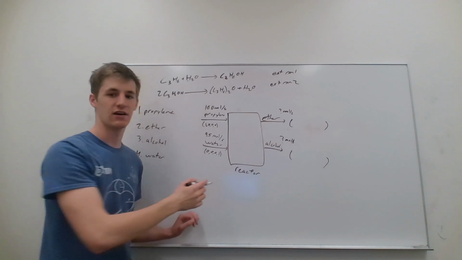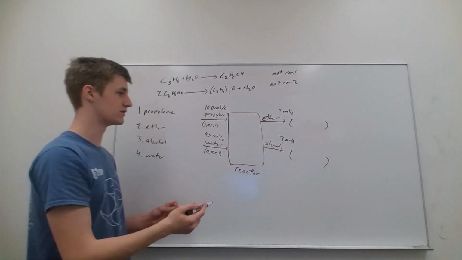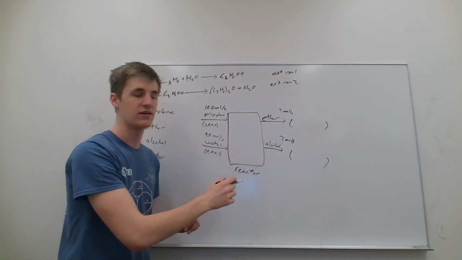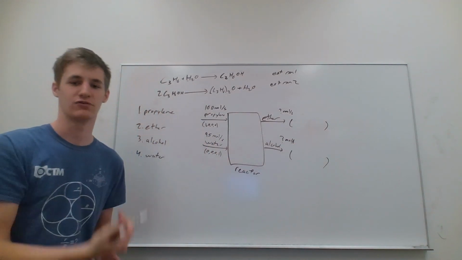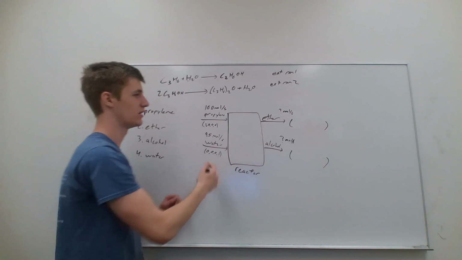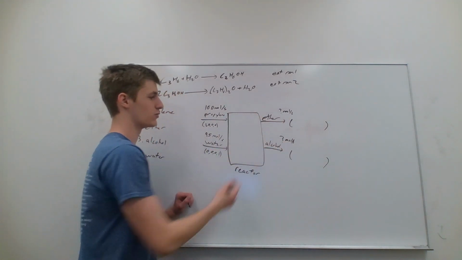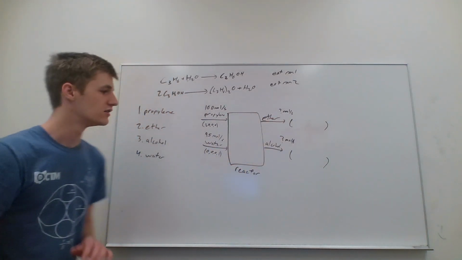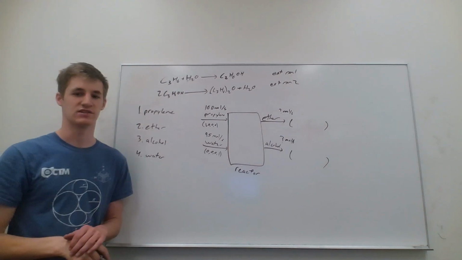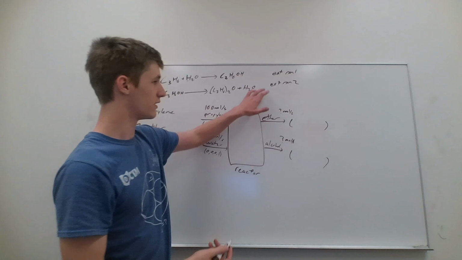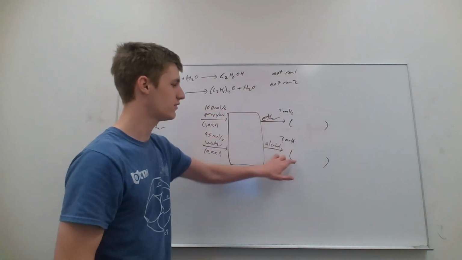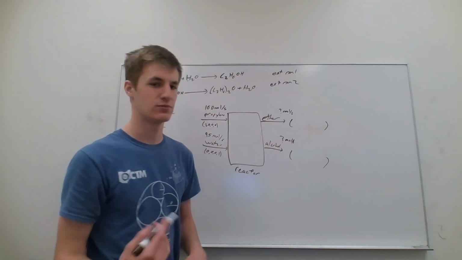And we want a net zero, right? So the flow in minus or plus whatever is removed or added during the reaction must equal the flow going out, right? So that means we have 4 equations, which means we have 4 unknowns. So if we look here, we have 6 right now. So we must specify 2 more.